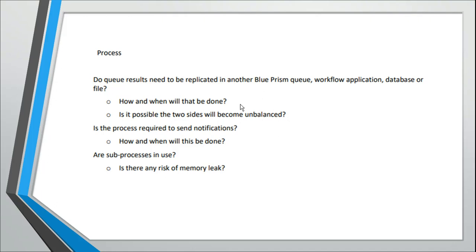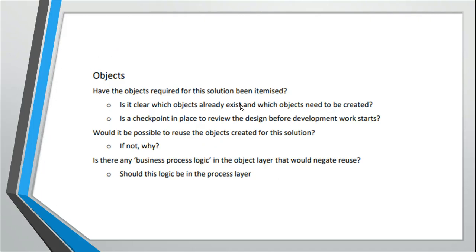The next one is, does the process need to send notifications? For example, credential notifications, authentication failures, or if you are using an FTP downloader to download files and it is not downloaded, any notifications sent and received, and any memory leakage or application slowness. These process-related things we have to mention in the SDD and Blue Prism solution design.